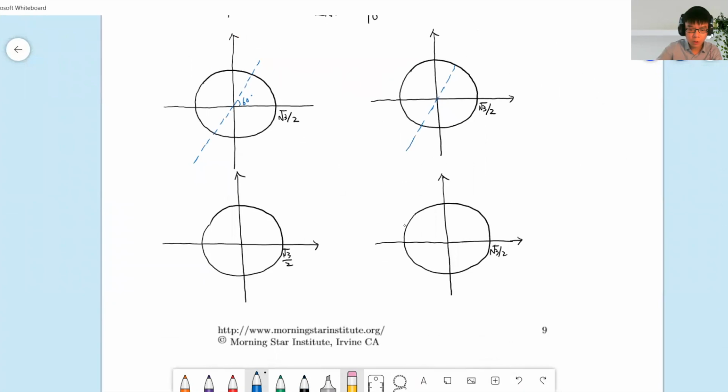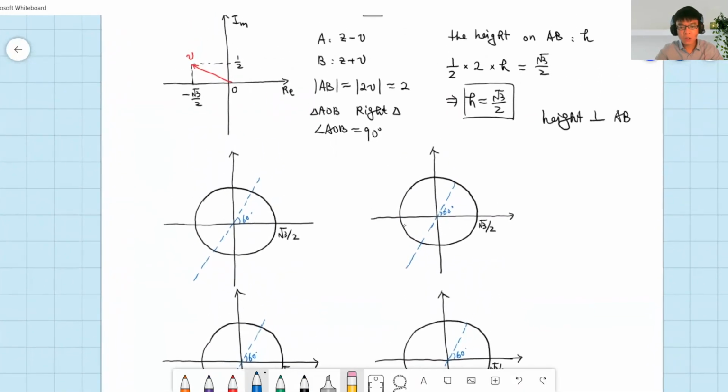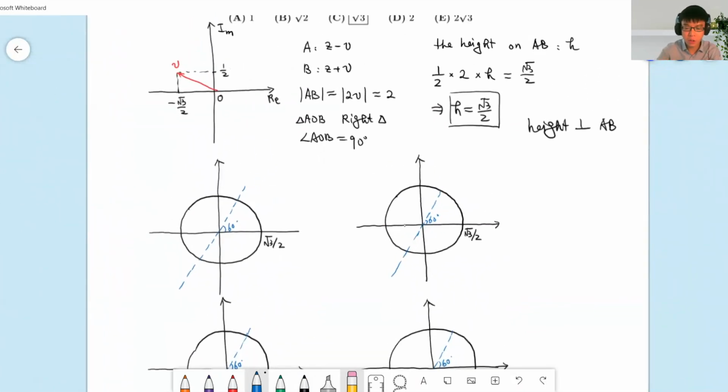I'm drawing 4 pictures because there are 4 cases I will discuss later. 60 degree. Now, the hypotenuse AB is perpendicular to this direction. So there are the following few cases.